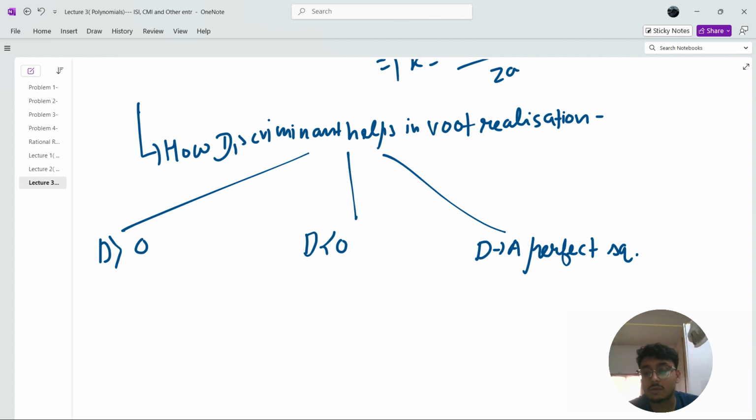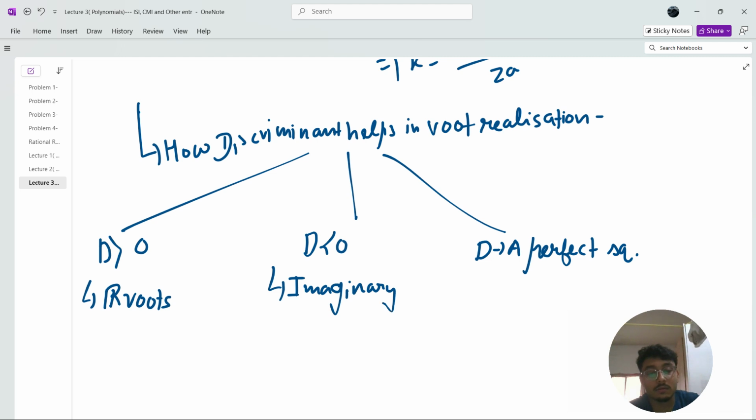If D is greater than 0, then I will be having real roots. If D is less than 0, I will be having imaginary roots, since the quantity b square minus 4ac would be negative, that means a negative inside the root, which would give me an imaginary number.